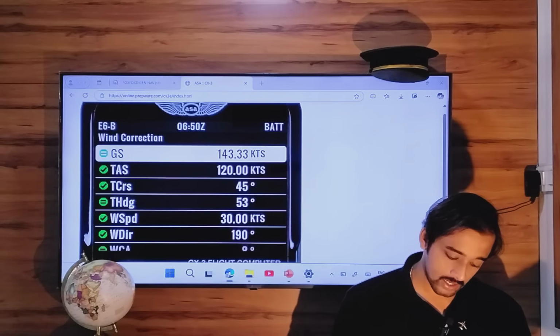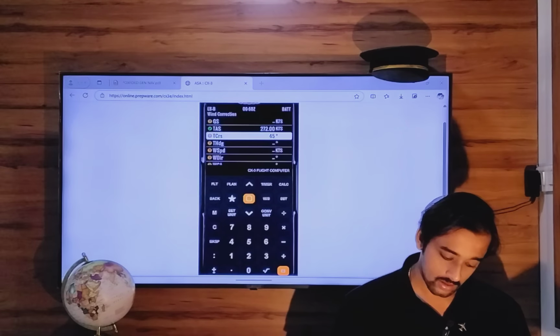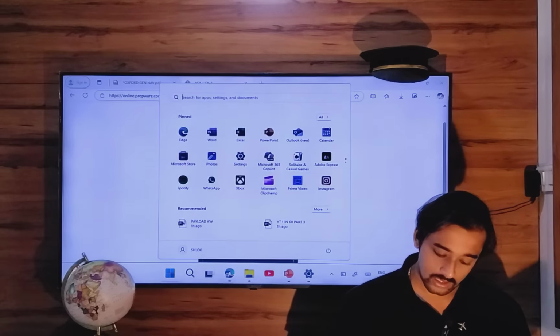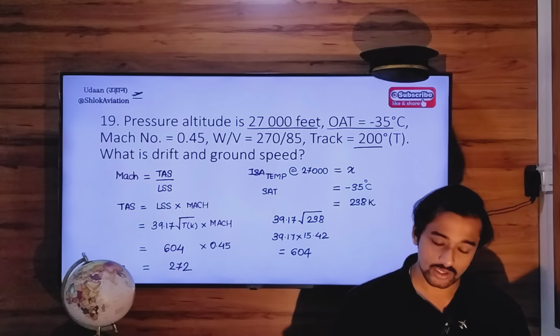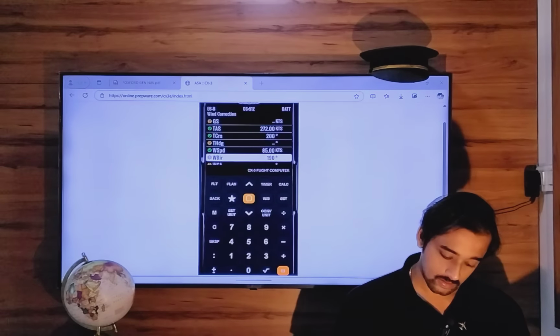Let's substitute it here. TAS 272, wind force 200 true again, speed 270/85.